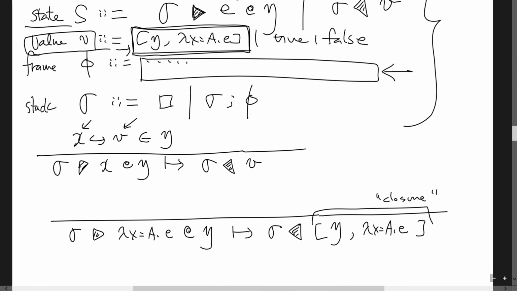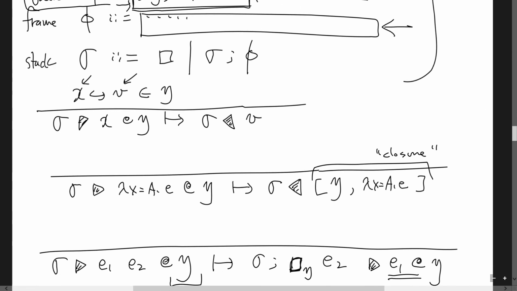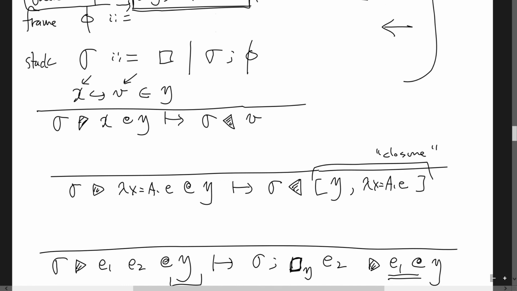So we have figured out the first component in the definition of a frame, which is hole eta expression E2, not just the expression E. So that's the first component in the definition of a frame.